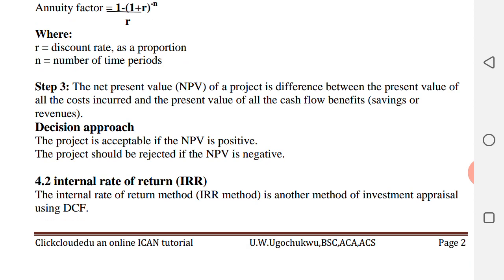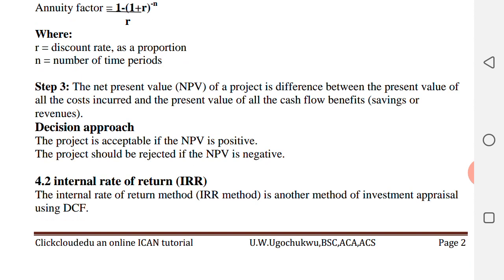It's the difference between the present value of all cash incurred and the present value of all cash flows, or the benefits. That means the NPV is normally the present value of the cash inflows minus your initial outflow and the cost incurred.